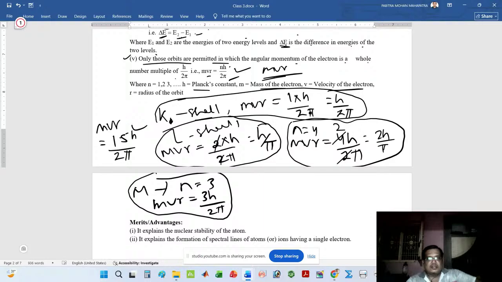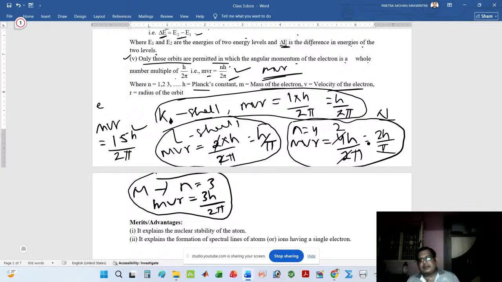Look at me. There are 4 angular momenta given for 4 shells. Remember, every shell has a fixed angular momentum. Suppose an electron is present in the N shell. That means it is highly necessary to maintain the angular momentum 2h by pi, otherwise the electron will not be present in the N shell.